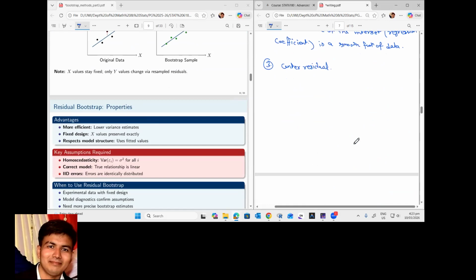Here we again have two assumptions for this model.